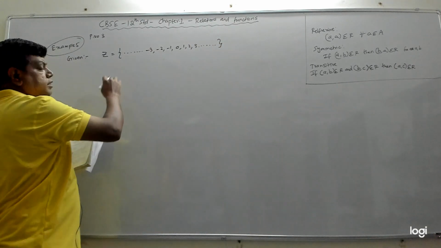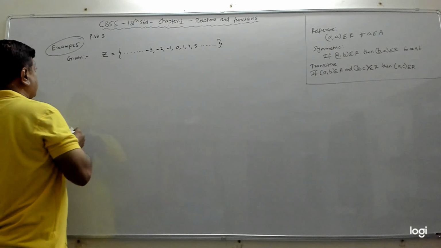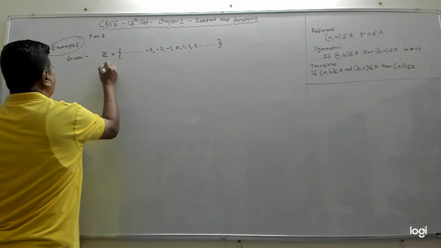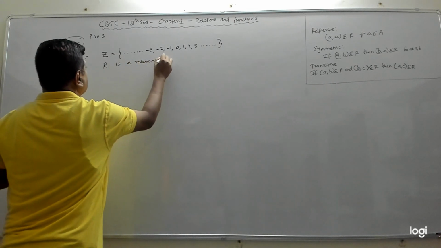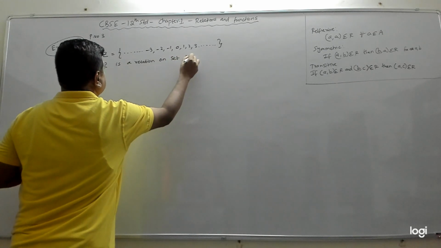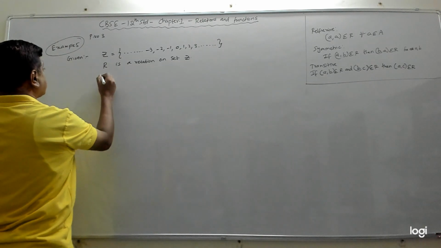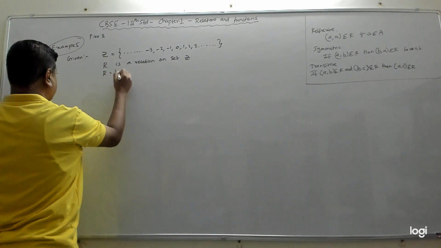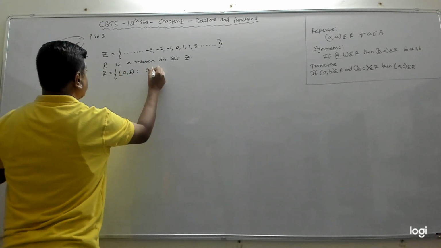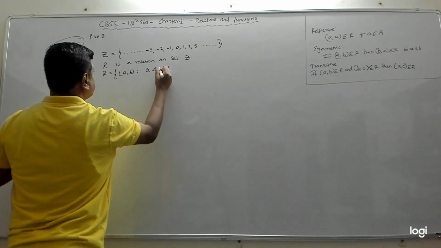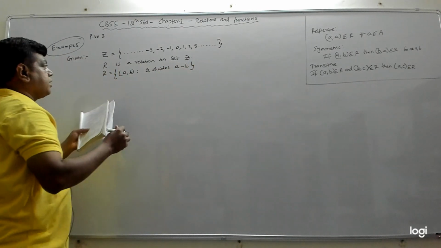So this Z is the set of all integers, and R is a relation defined on Z, given by the set of all (a, b) such that 2 divides a minus b. So this is how the relation is defined.